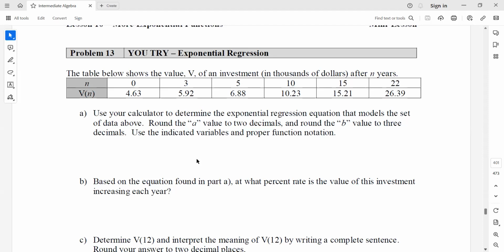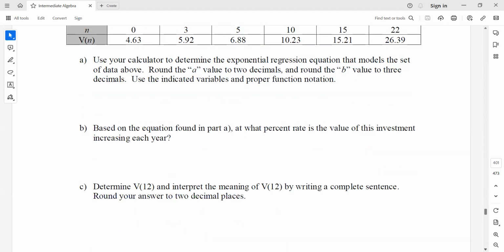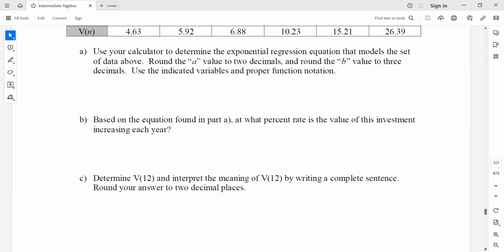It says round A to 2 decimal places, so we have 4.64. Now B says, what is the percent rate in the value of this investment? What percent rate is the value of this investment increasing each year? Remember, it's increasing. Why do I know it's increasing? Because B was 1.082.